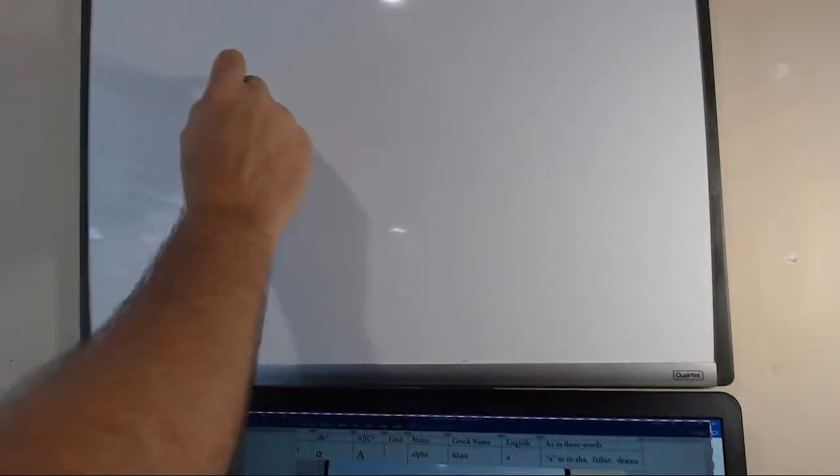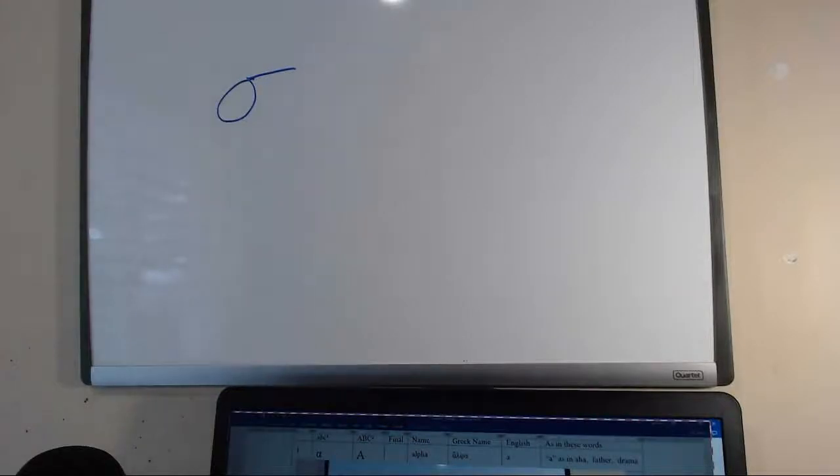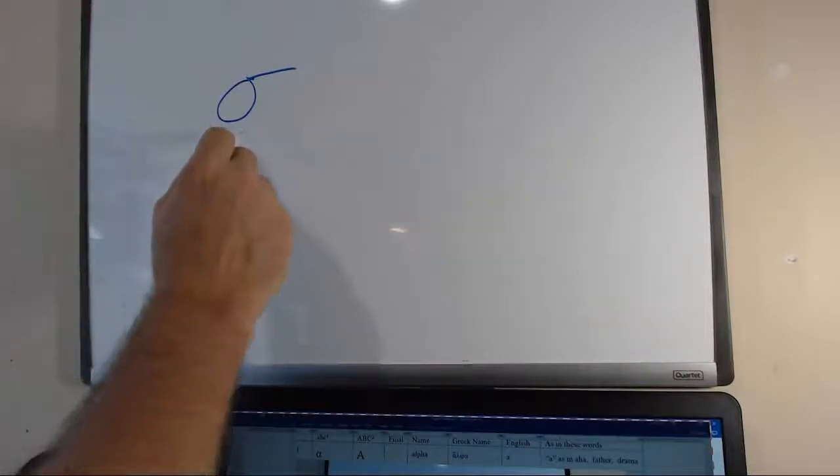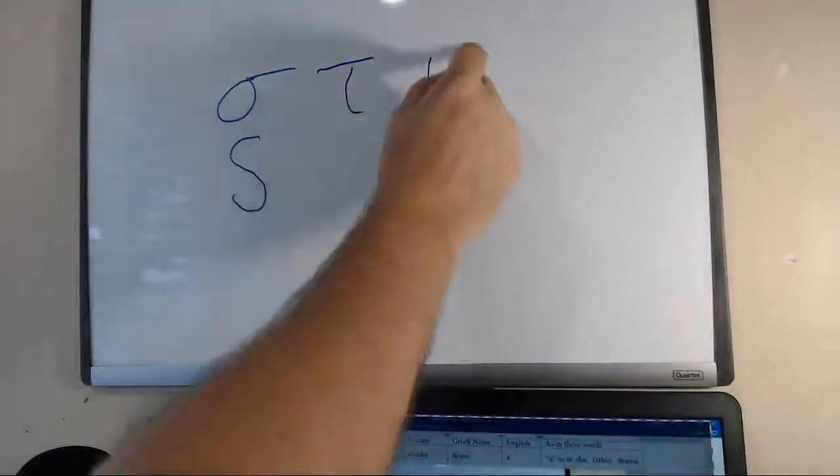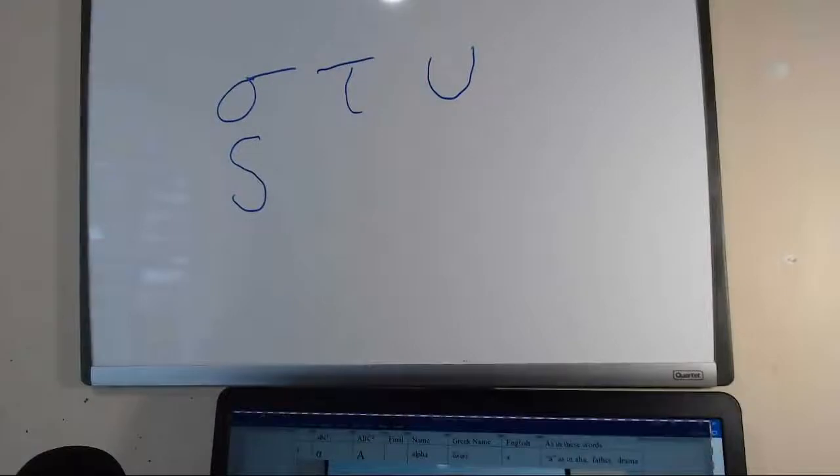sigma. So that's a little strange. If sigma is written at the end of the word, it's final sigma, which looks like our S, but everywhere else it's sigma. Sigma, tau, upsilon. Pretty straightforward, very similar to English.